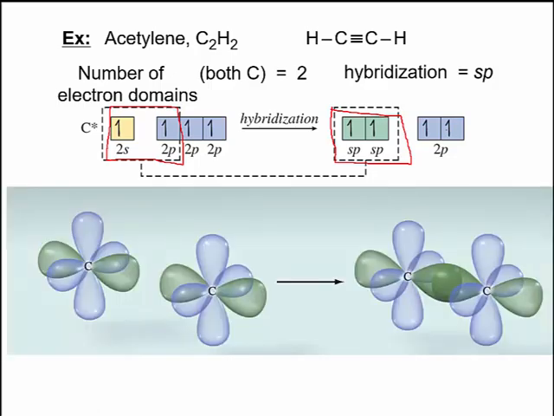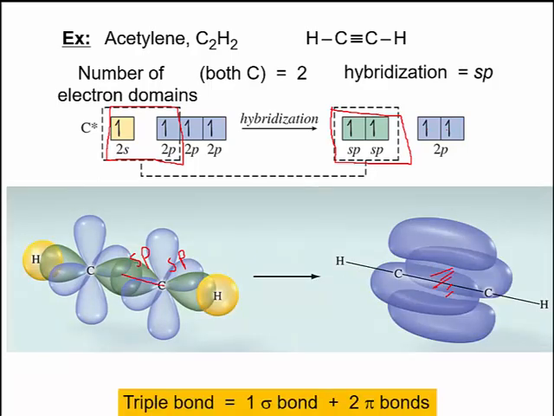The first thing we will do is combine our sp orbitals from each carbon into a sigma bond, or a single bond. And our triple bond is going to be 1 sigma bond, which we just saw over there. And then we'll have 2 of these big hot dog type shapes.